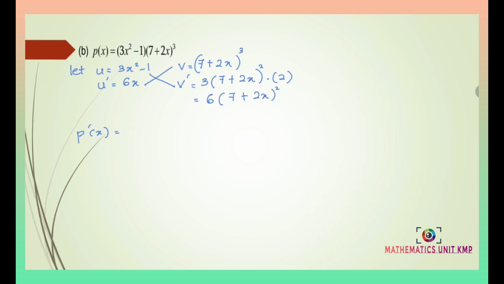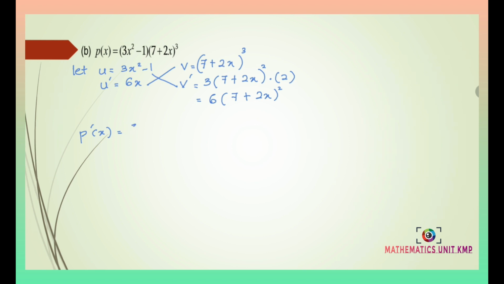So here we have (3x squared minus 1) times 6 (7 plus 2x) squared.